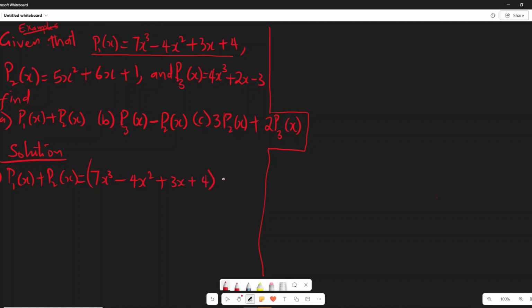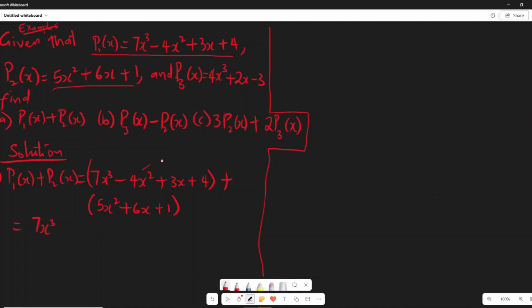And then we are adding p2 of x, which is plus 5x squared plus 6x plus 1. The next thing I'm going to do is look for the algebraic terms that are alike. So 7x cubed doesn't have its own like term in any of the expressions, so I'm going to write that out, 7x cubed.